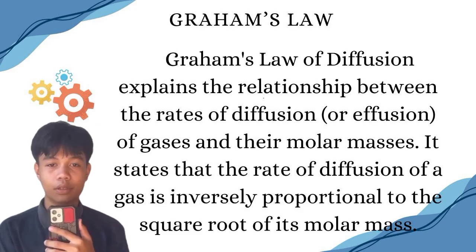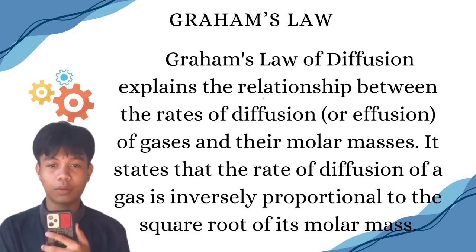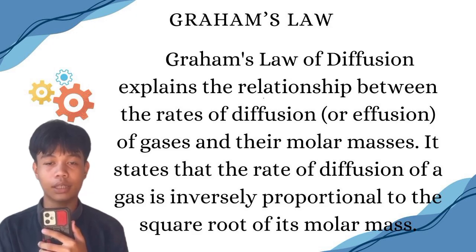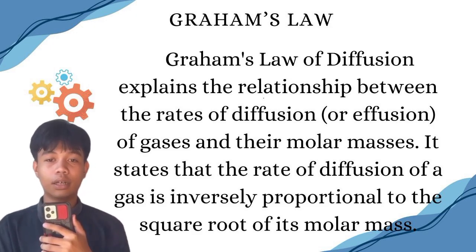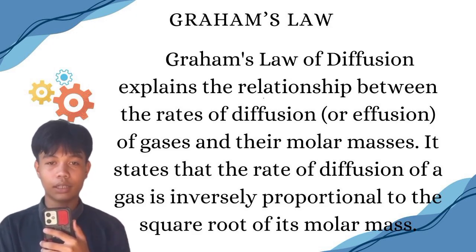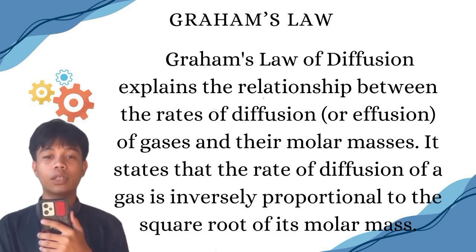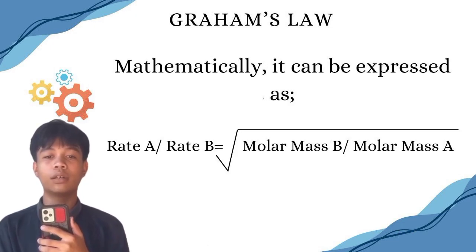Graham's law of diffusion explains the relationship between the rates of diffusion or effusion of gases and their molar masses. It states that the rate of diffusion of a gas is inversely proportional to the square root of its molar mass.